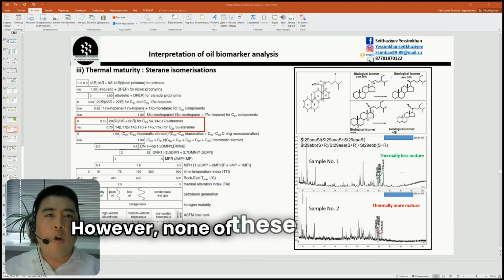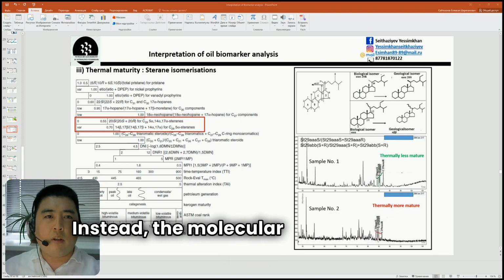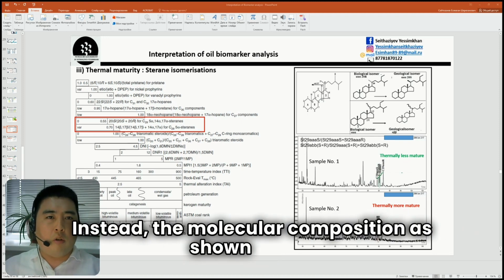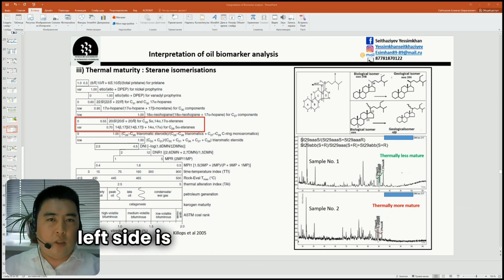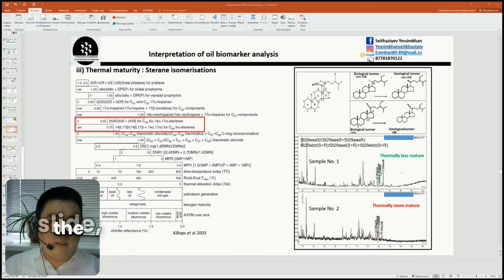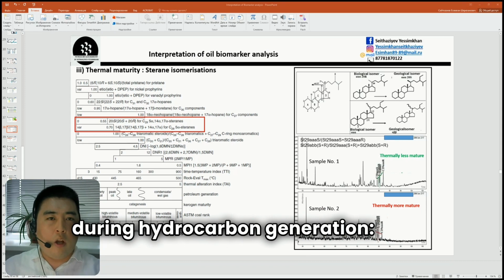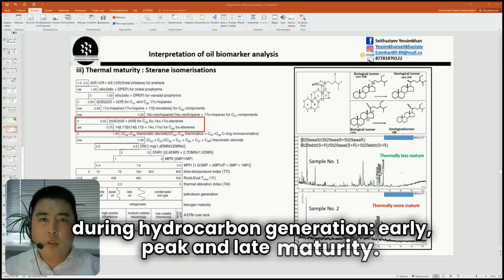However, none of these can be used for oils. Instead, the molecular composition, as shown on the left side, is used to assess the thermomaturity of the source rock of an oil. As you can see on the right side of the slide, there are 3 stages of thermomaturity during hydrocarbon generation: early, peak, and late maturity.